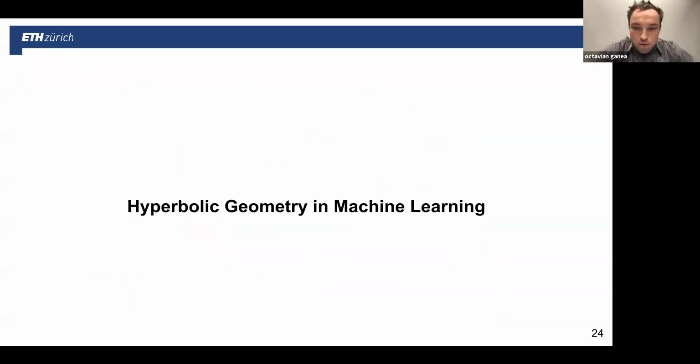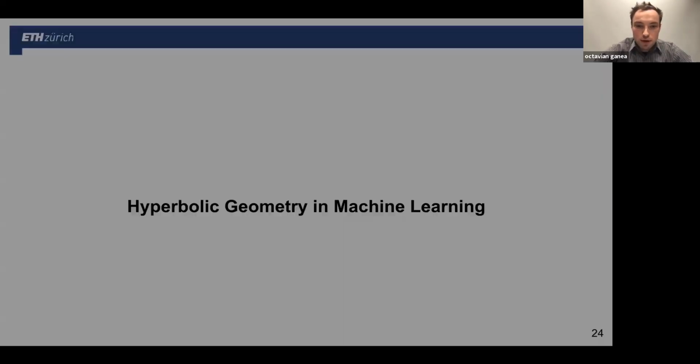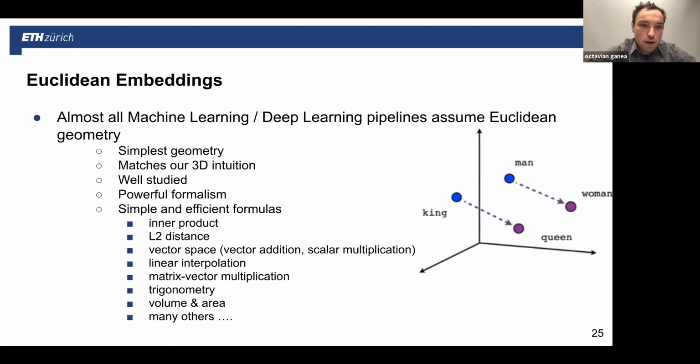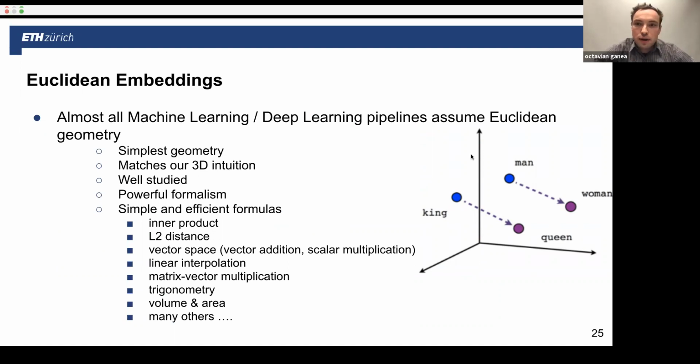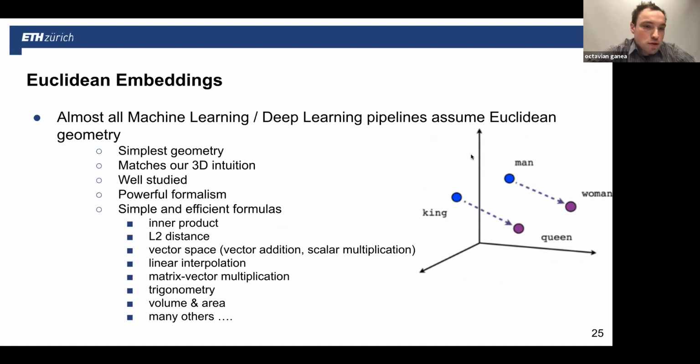Okay, so now a few introduction slides about hyperbolic geometry and how people have started to use it in machine learning. As you know, almost all machine learning or deep learning pipelines assume Euclidean geometry. The reason is simple. It's the simplest geometry.